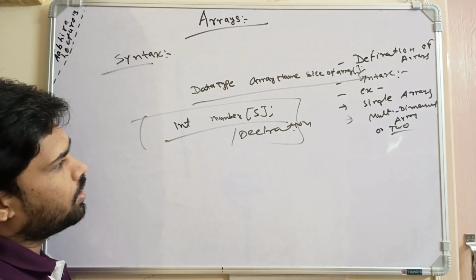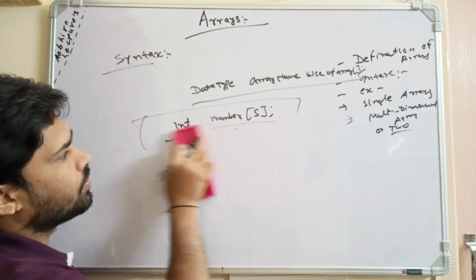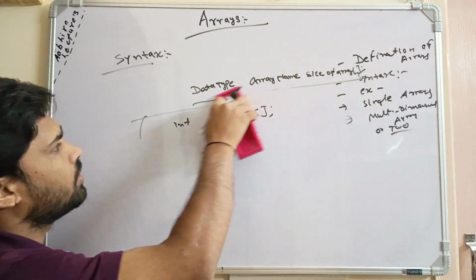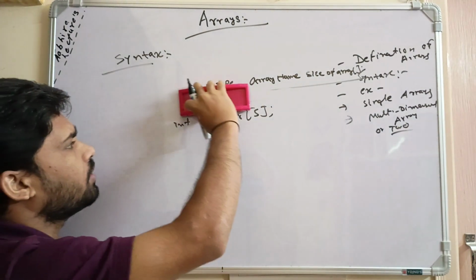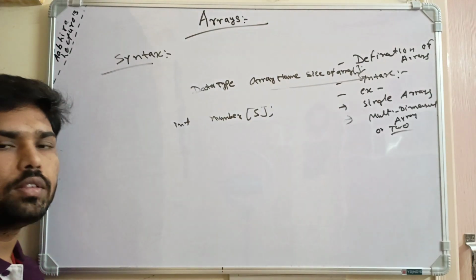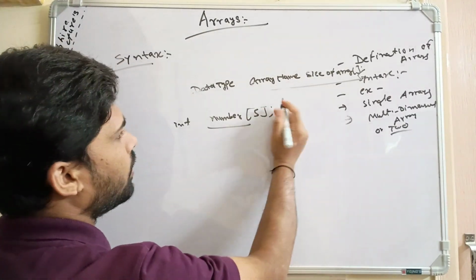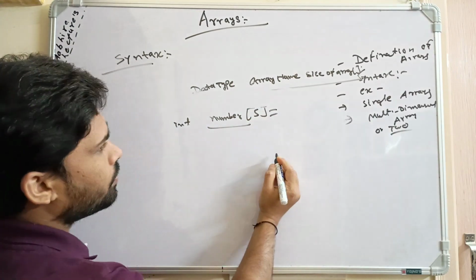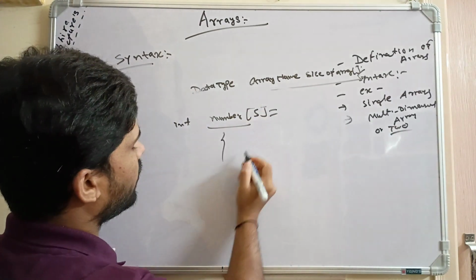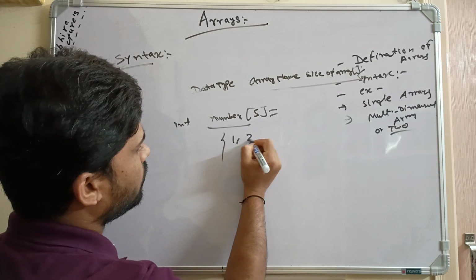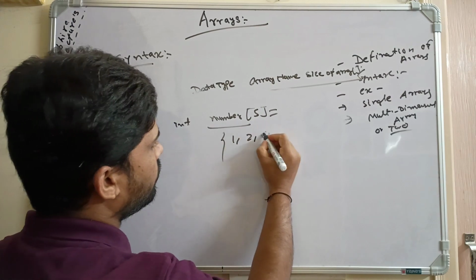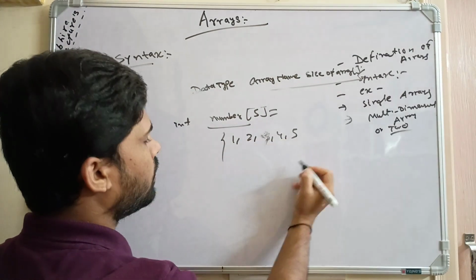Now we will see initialization. We have to initialize some values in this variable. The size is 5, so I'm writing here 1 2 3 4 5.